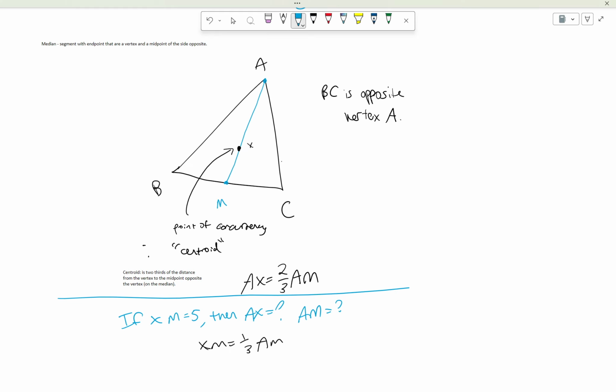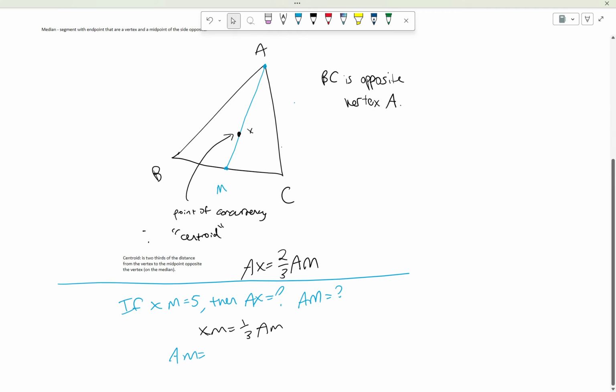If I go back here, I have this entire thing, and this is going to be 2/3 up here, and this is going to be 1/3 of it. So, AM is going to be how much? Well, if XM is 5, AX is going to be twice that, which is 10, and then the entire thing would be 15, because it would be 5, 10, and then 15. All right.